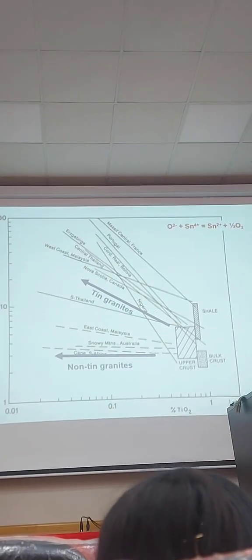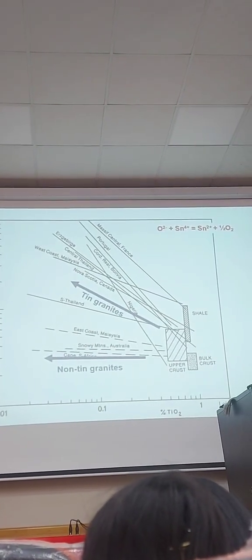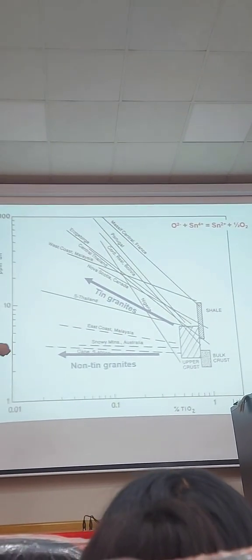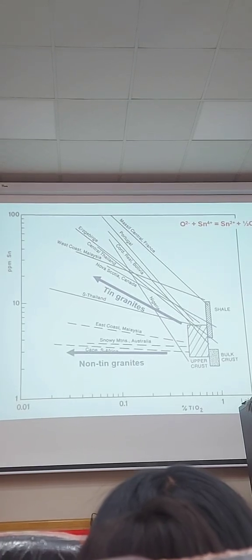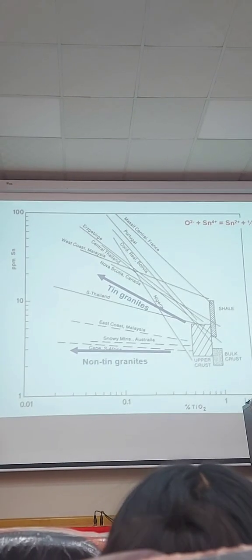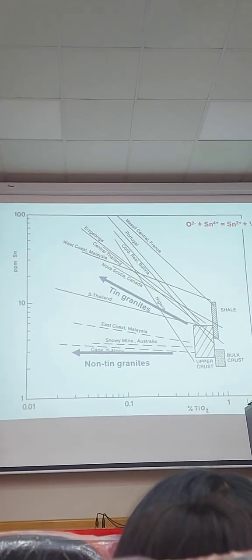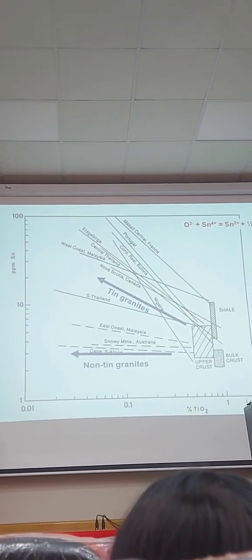And then I could also show that the correlation lines go back here to average crust, average shale composition. So there is no tin enrichment. Actually, there's another concept around that people think, when they find a tin deposit, there should be a pre-enrichment of tin in the source. But this is nonsense.